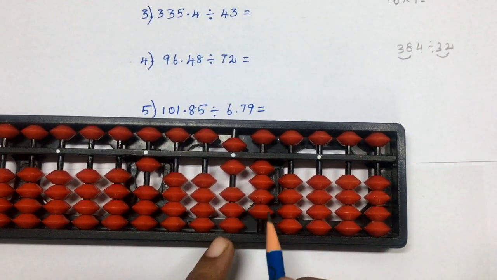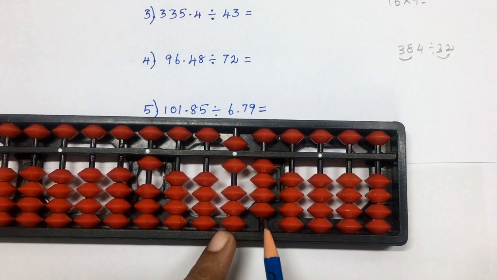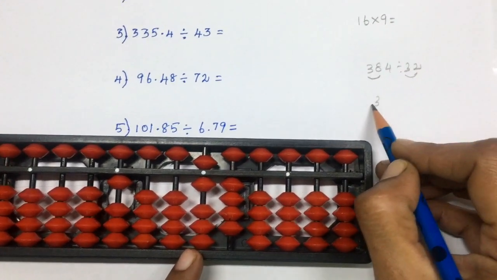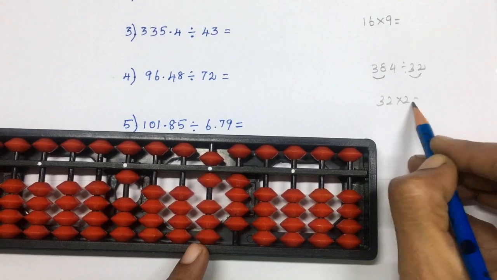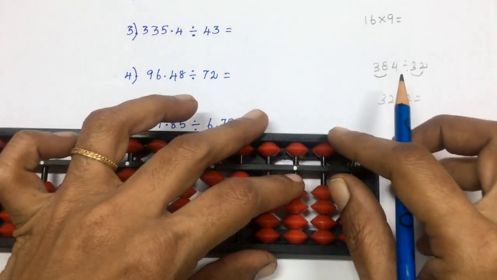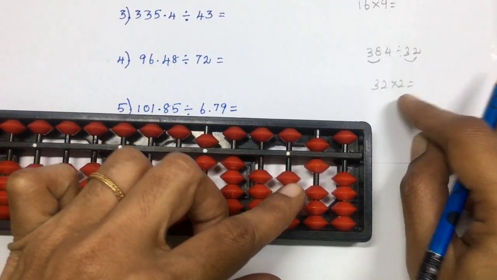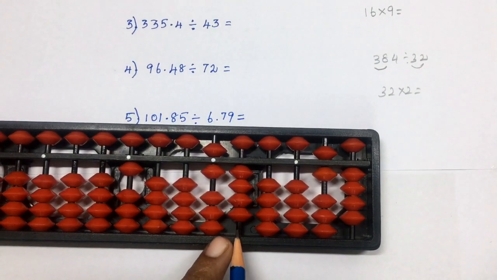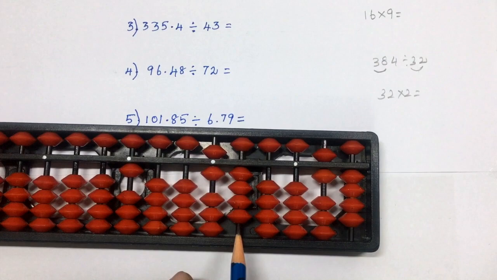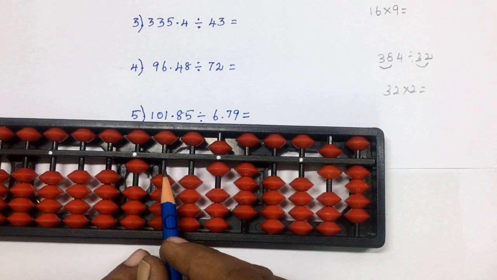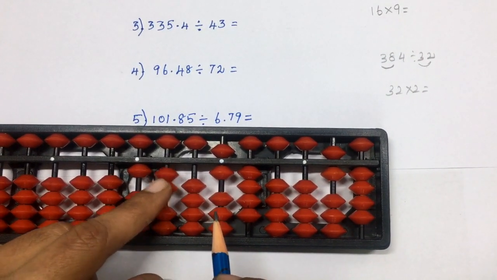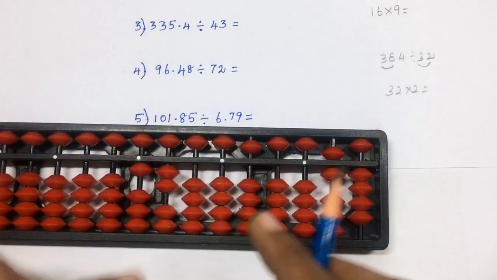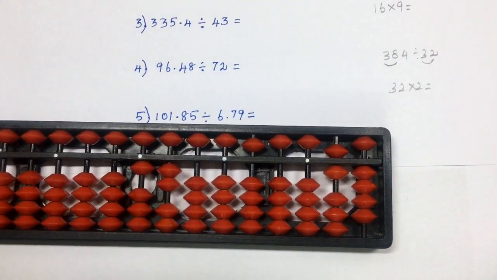Now we have 64. How many times of 32 is 64? 32 into 2 is 64, because 3 into 2, 0, 6, 2 into 2, 0, 4, 64 we have. So from here, jump 2 rods. We have to set the quotient here, 2. Answer is 1.2.